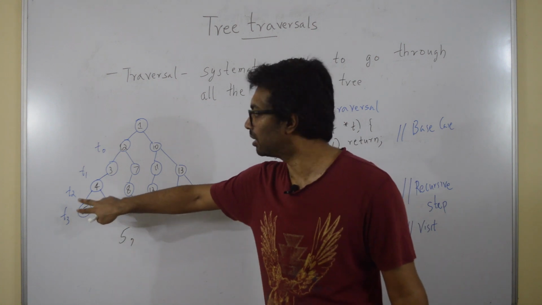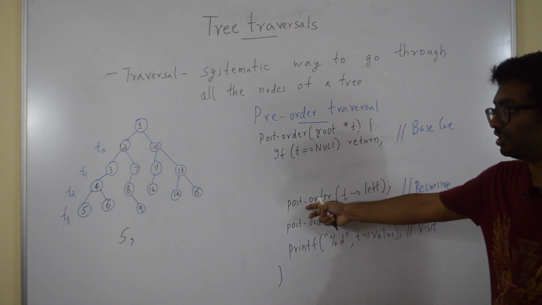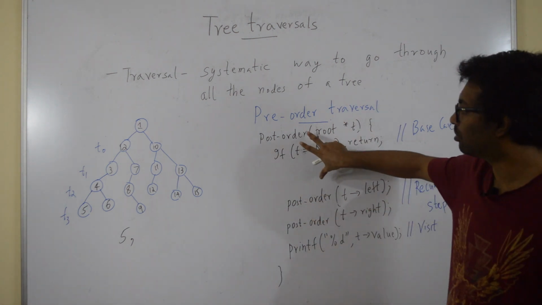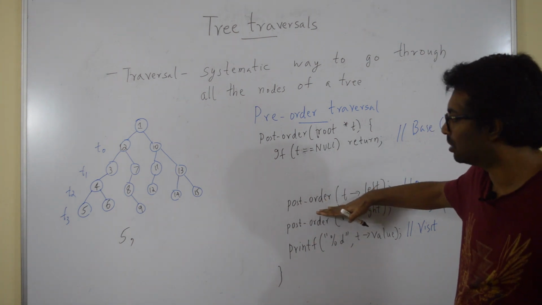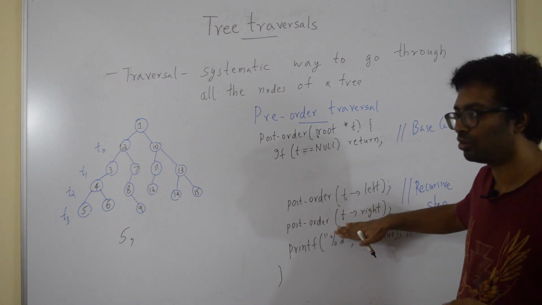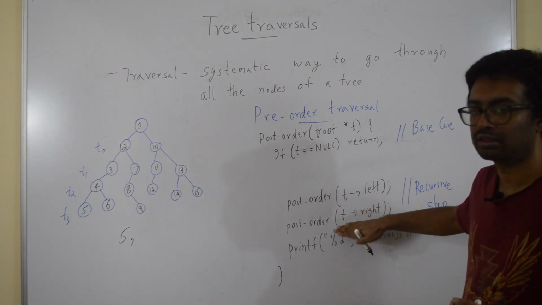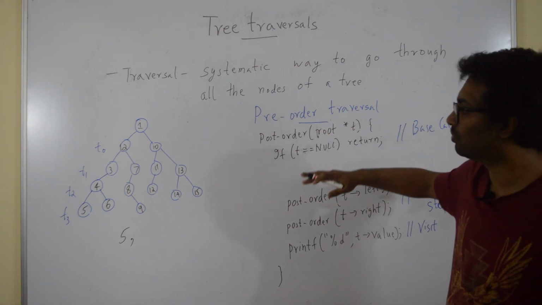Once 5 is done, I am done with T3. Then I return here. I am now in post-order with T2, and I have finished T2's left because I finished T3. Now I'm going to call T2's right.